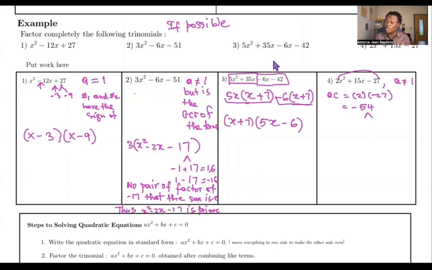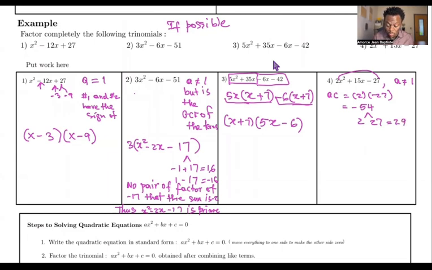So you may want to play with the numbers as you're looking for those factors. Let me see if 2 and 27 would work. They would not, the only reason is because if you add them, the sum is 29.